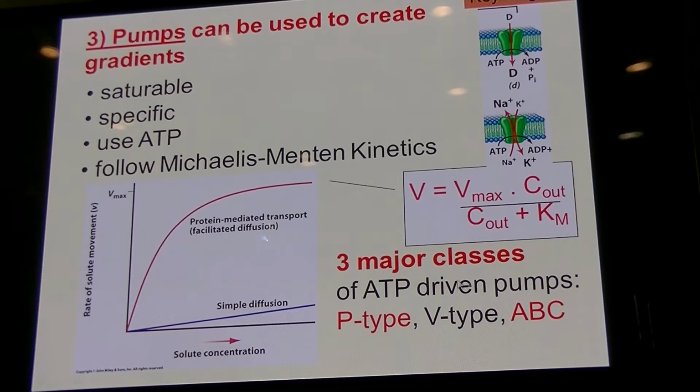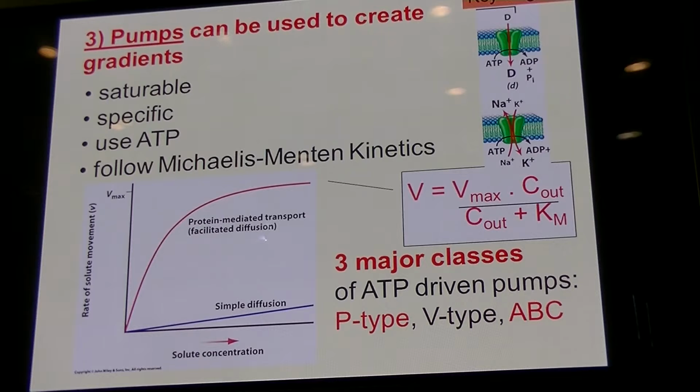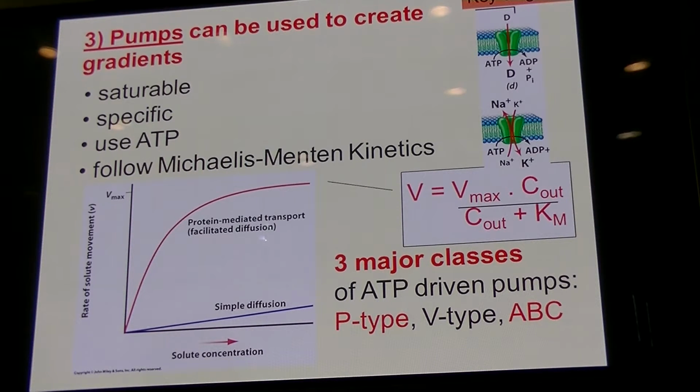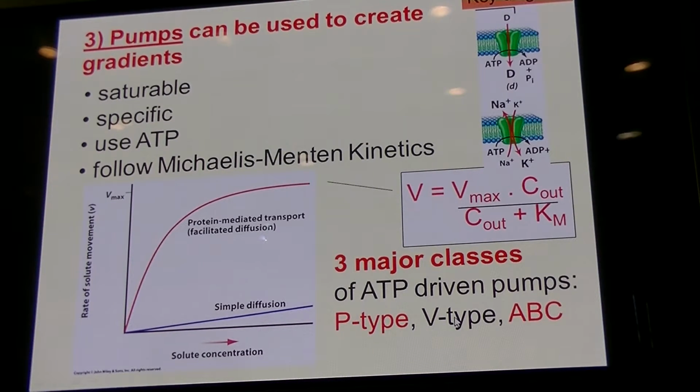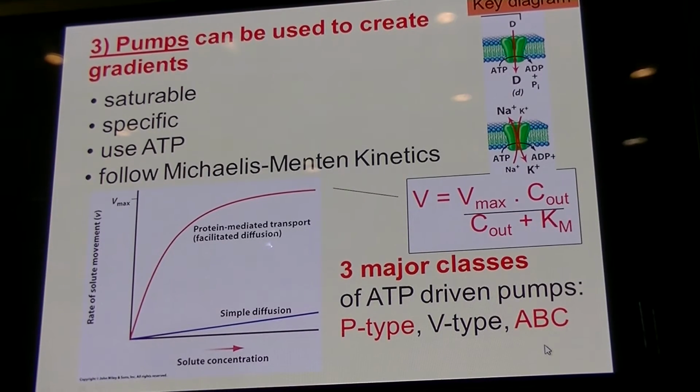We have the V-type pumps that are commonly found in vacuoles, for instance in fungi, and also in plants. And some of those use the energy stored in pyrophosphate. Phosphate coupled to phosphate. It's a high energy bond. If you break that, there's energy released. V-class or V-type pumps use that energy.